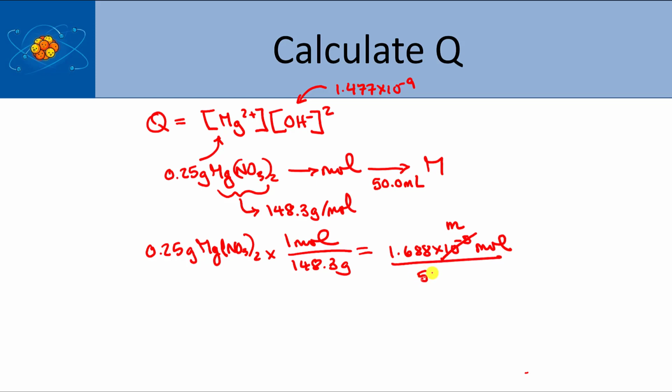So I'm going to divide it by 50 milliliters. I know I went not the way you were hoping, I'm sure, but that's okay. This will cancel, and I'll have moles per liter. That ends up being 0.0337.